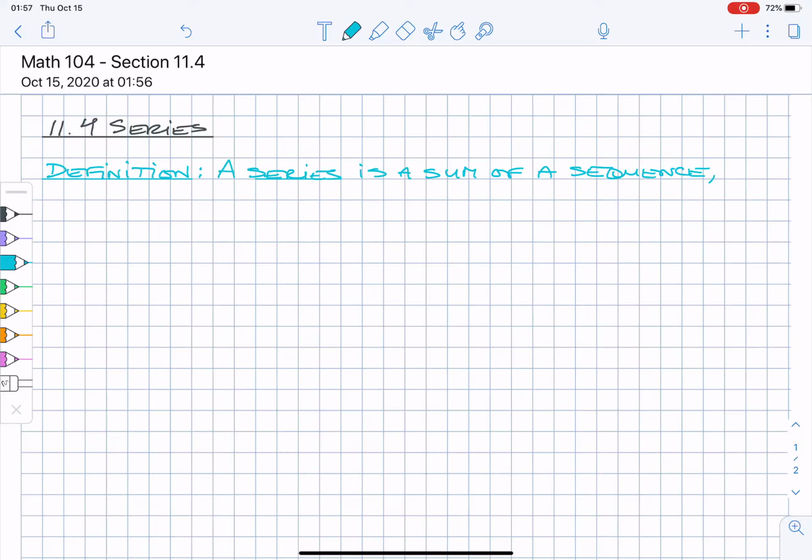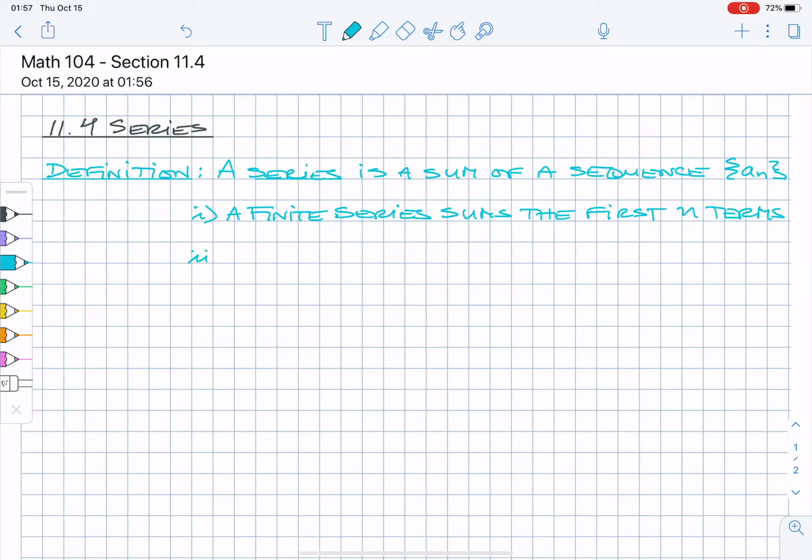Let's say a sub n. So number one, a finite series sums the first n terms.